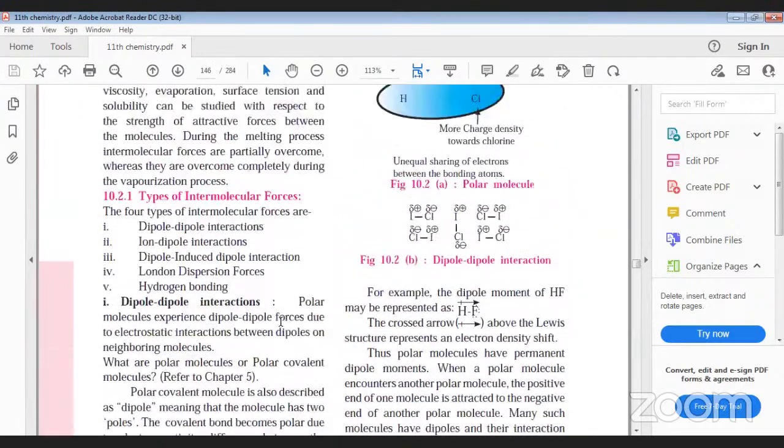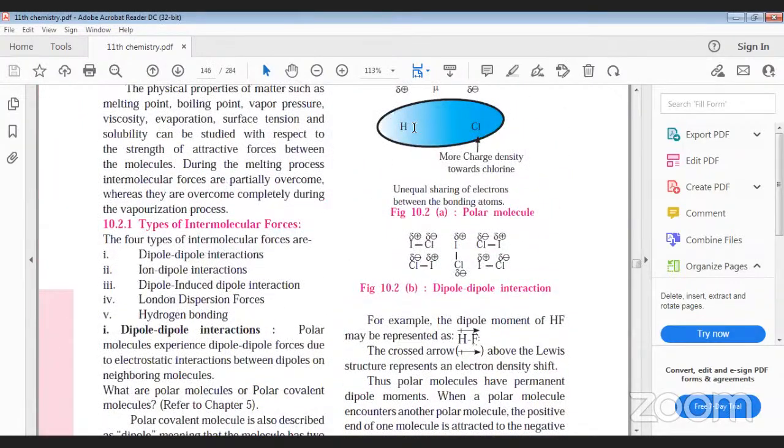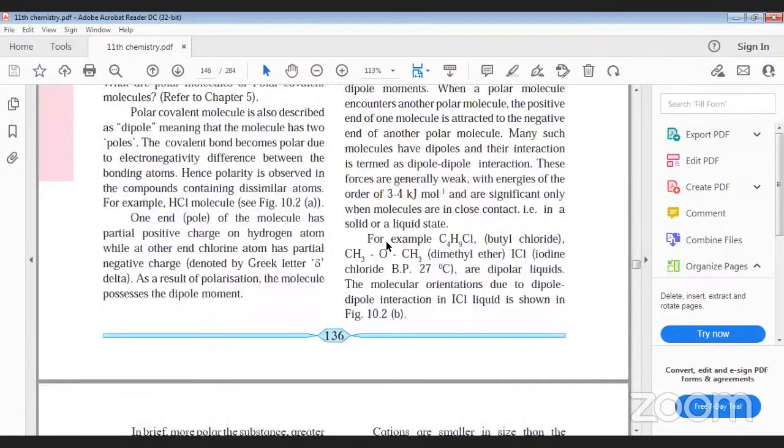It is the interaction present between two oppositely charged molecules having a permanent dipole moment. One has a partial positive charge, one will have a partial negative charge. And when we place another molecule of the same type, they will align themselves in such a way that the negative end comes with the positive end and the positive end comes with the negative end.